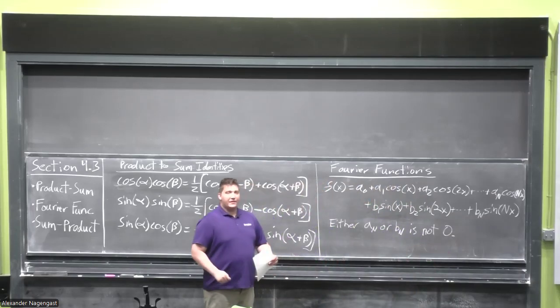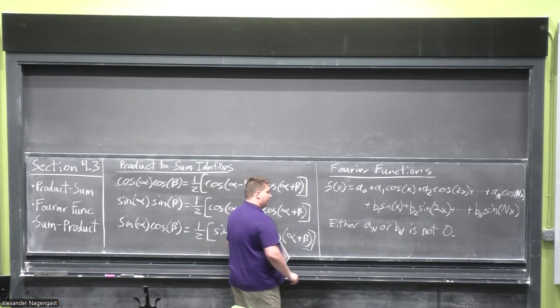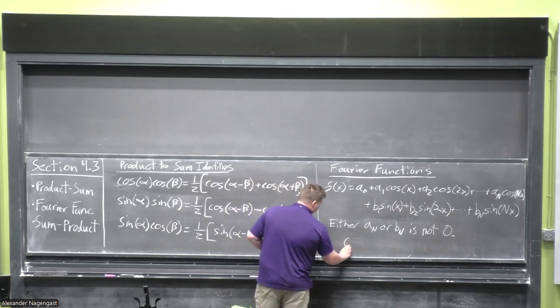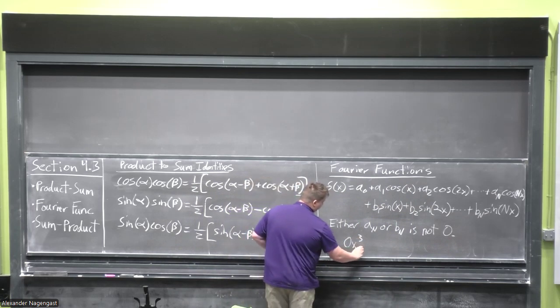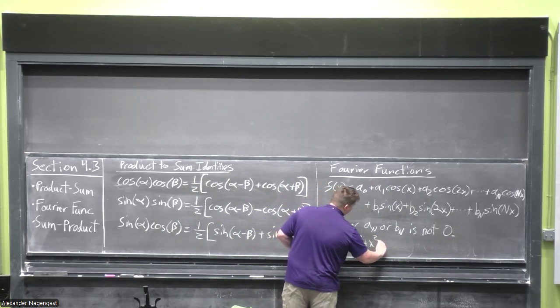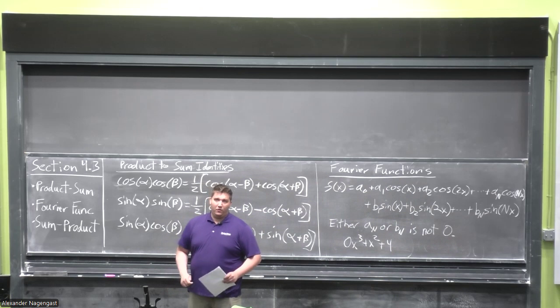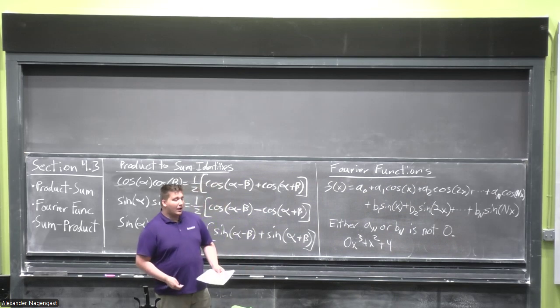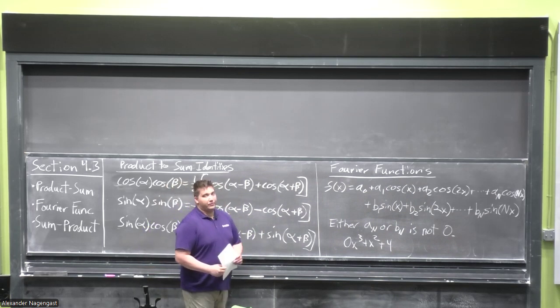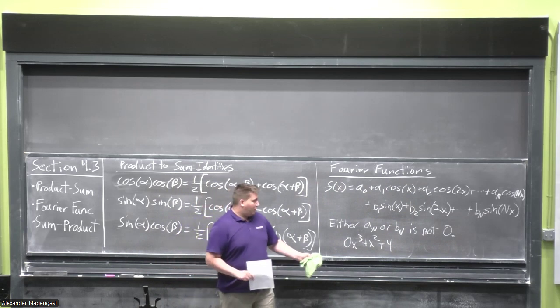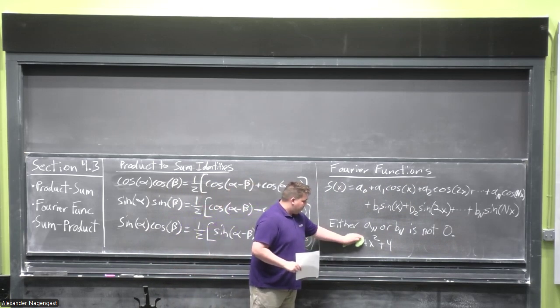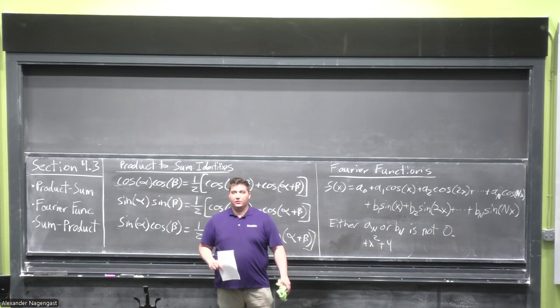So we can think of this as if I had 0x to the third plus x squared plus 4, I wouldn't call this a polynomial of degree 3. I would call this a polynomial of degree 2 because we would omit this 0x cubed.